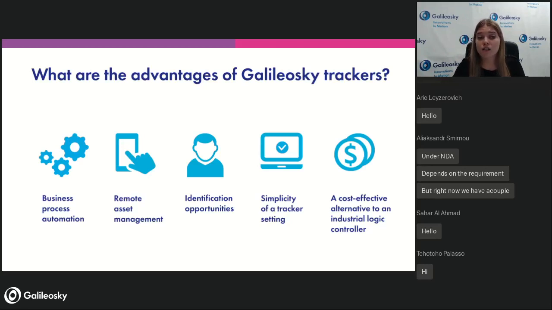Next, identification also became one of the basic features. Galileosky users can set various scenarios of access to objects, whether it's entering a PIN code or using a key, for example. And what is more important, it can be done quite easily, since we always try not only to develop a flexible solution, but also to make it easy and available for integrators with different backgrounds in the monitoring business.